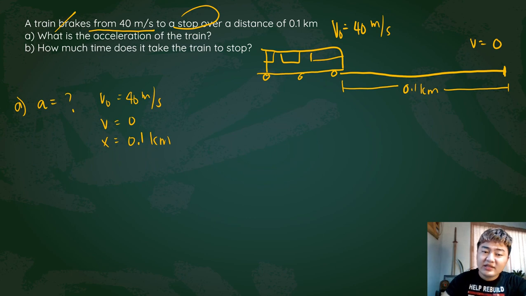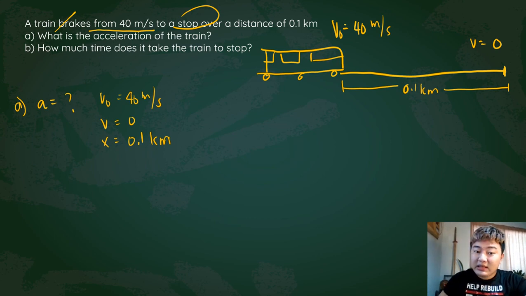Now, as you can see here, you have two units of the same quantity, but in different expressions. One is in meters and one is in kilometers. So we need to level them both, or we need to have the same unit for the same quantities.